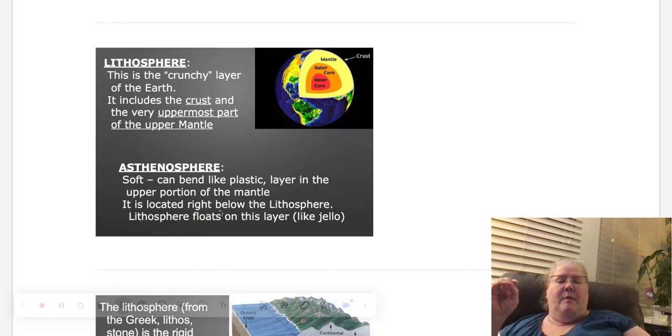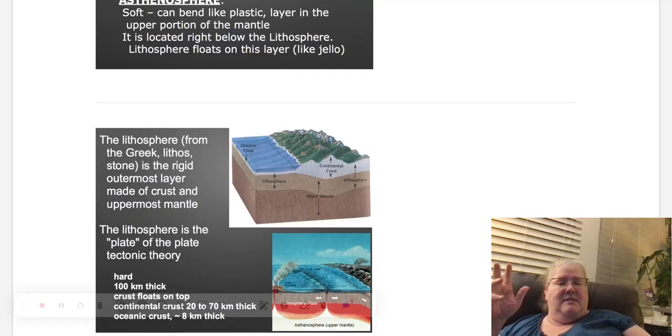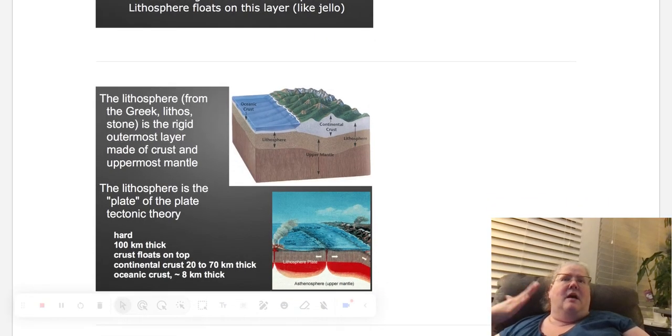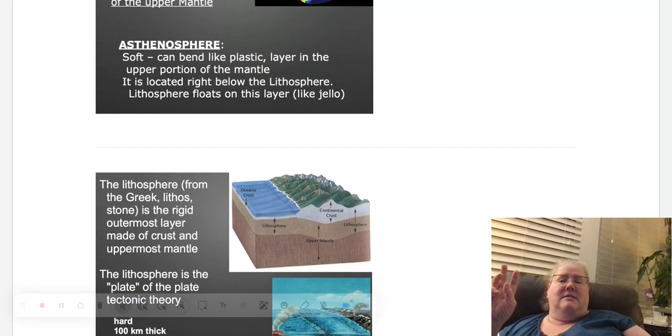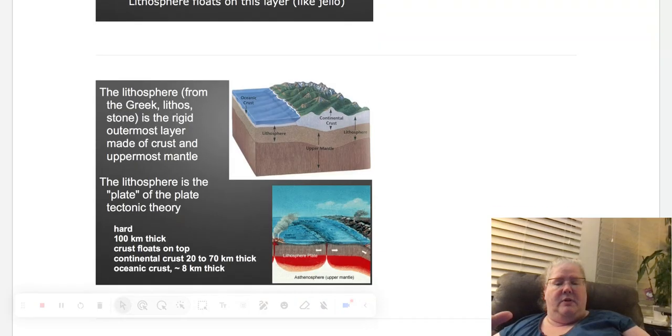And it's located right below the lithosphere. So lithosphere, asthenosphere. And again, on a test, I'm going to be more concerned with crust, mantle, inner core, outer core. But I am going to ask you questions on the lithosphere and the asthenosphere. So just be warned. So let's go through it a little more.